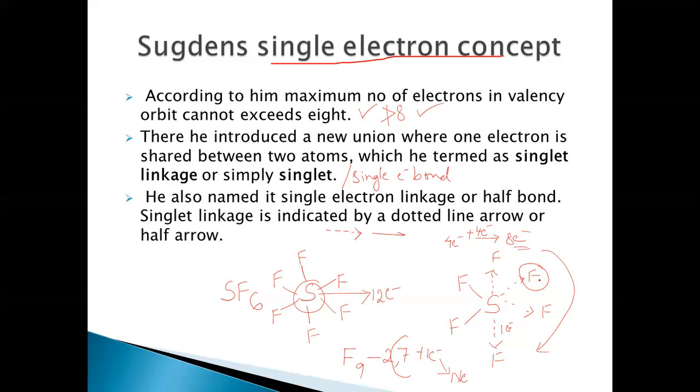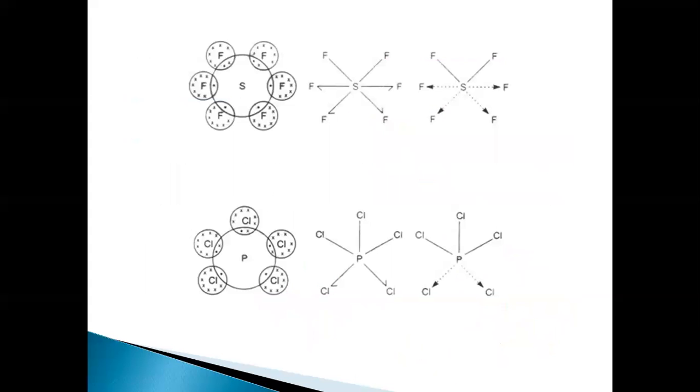So this is what Sugden's single electron concept says. Let us understand this theory by means of a few examples. First is SF6, which we have already discussed, where sulfur has 6 valence electrons. It forms 2 covalent bonds with 2 fluorine atoms, so it attains 4 electrons.